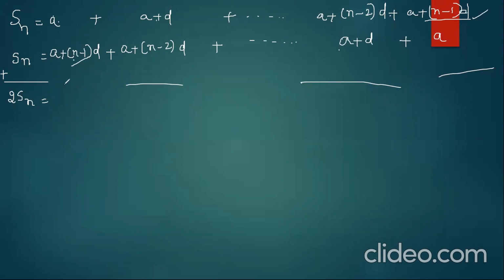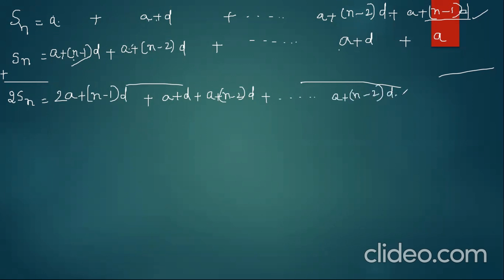Let me add this: A plus (n minus 1) into D, that is 2A plus (n minus 1) into D, plus here you see 2A plus D plus A plus (n minus 2) into D, plus so on, plus A plus D, plus the last term, this is 2A plus (n minus 1) into D.